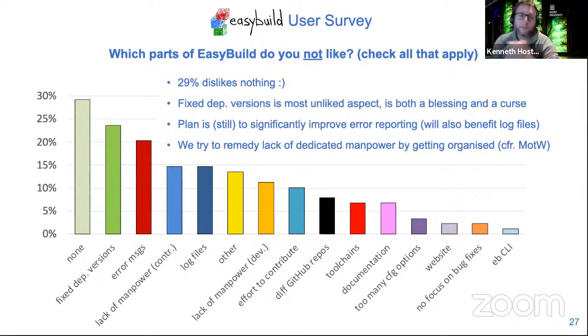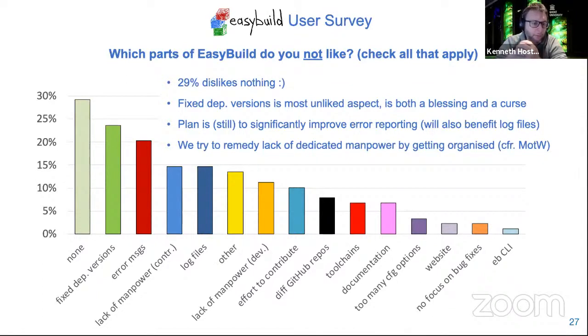We currently don't have any dedicated funding for EasyBuild development, so that's something we're actively looking into, but it hasn't worked out up until now. Apparently it's pretty difficult to find funding for ongoing projects that are not research or that don't have, let's say, a huge impact on certain aspects of science. So it's quite difficult to motivate funds for that.